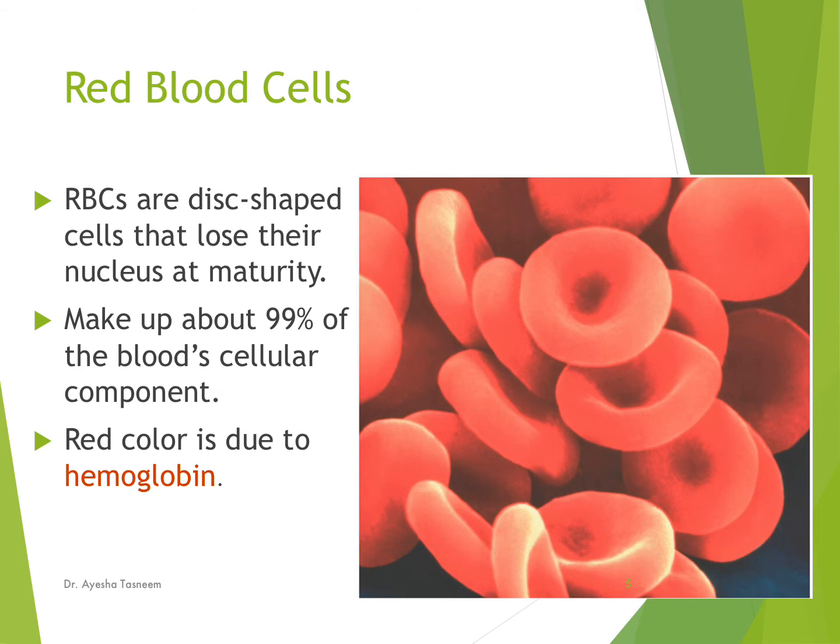It makes 99% of the total blood cellular component. Red blood cell is red due to the presence of hemoglobin. When it carries oxygen, the hemoglobin becomes oxyhemoglobin, and that is bright red in color.